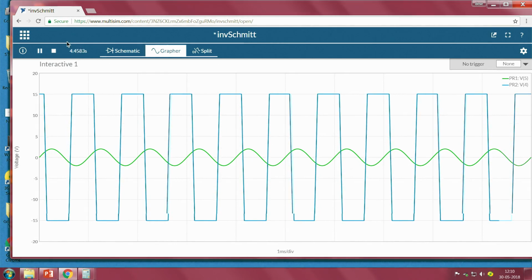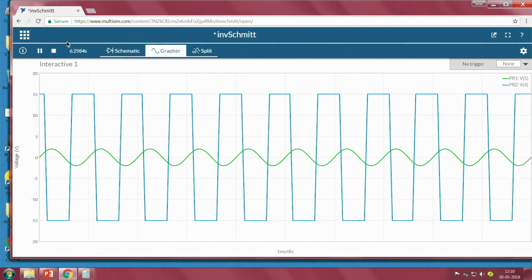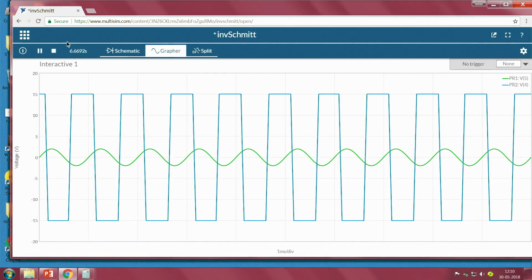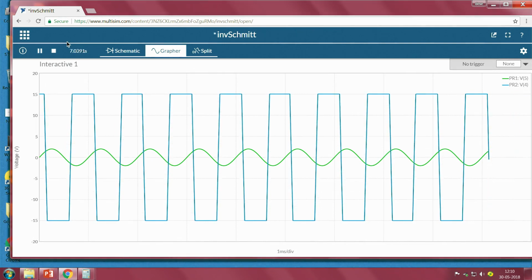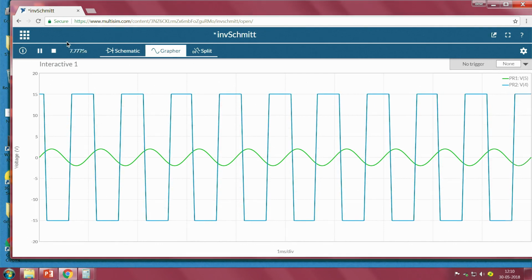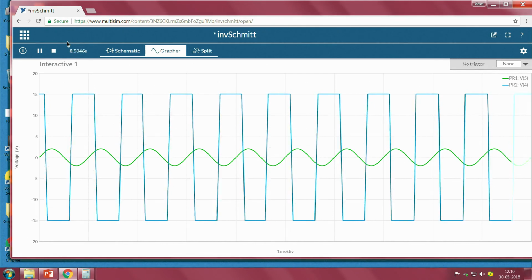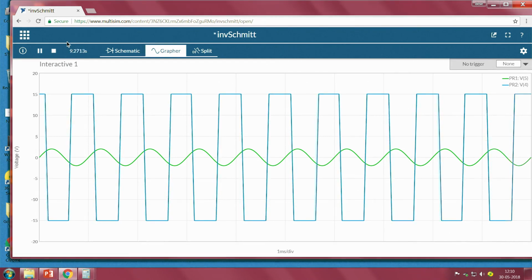Now, how do we understand at what time it is switching on, at what time it is switching off? When we recall what we have discussed in the inverting Schmitt trigger, we know that when the input signal is greater than the higher threshold value, then the output should be minus VCC.